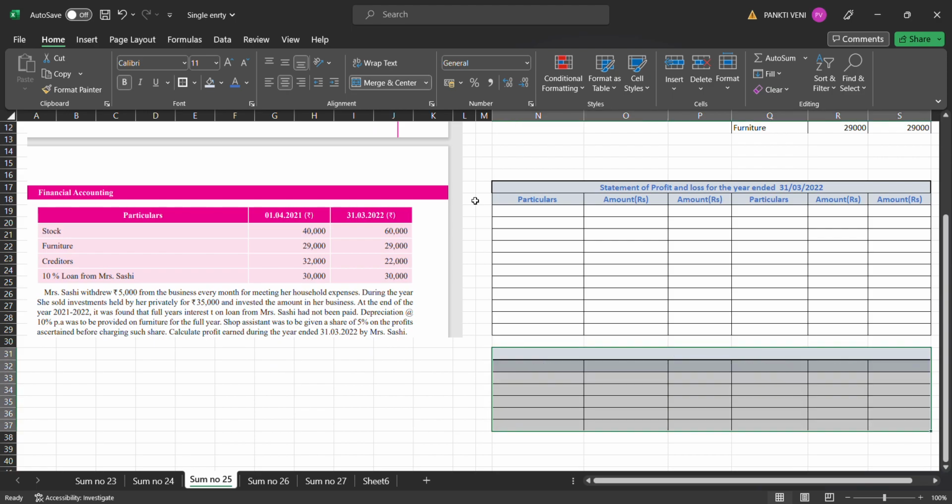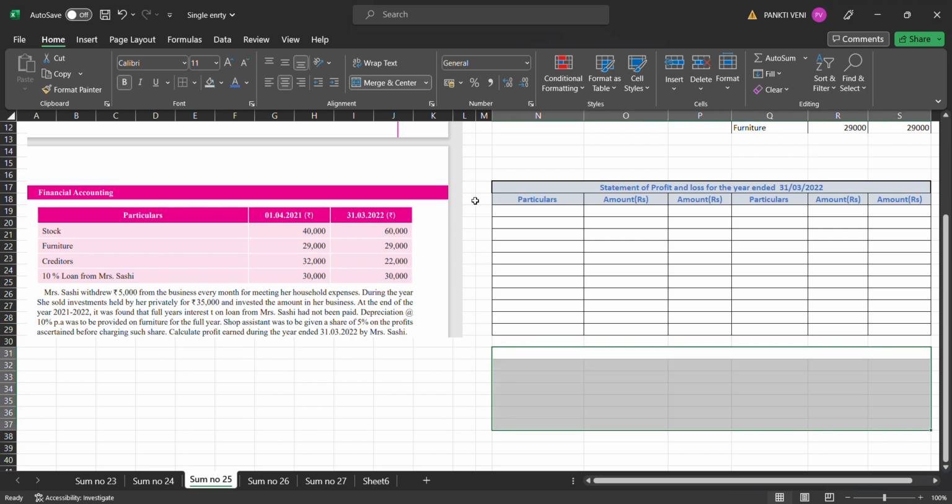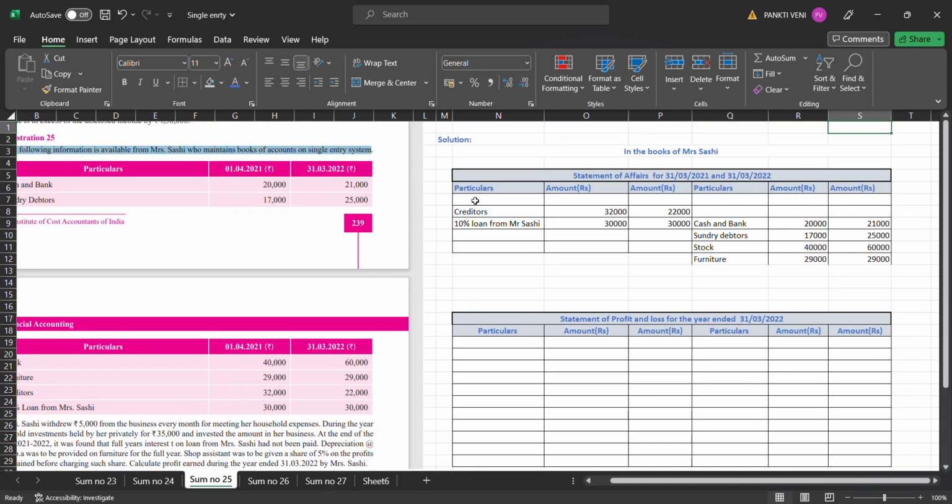So I can delete this. Okay, now I'll just total it up. Furniture I can take it above. That's my fixed assets.